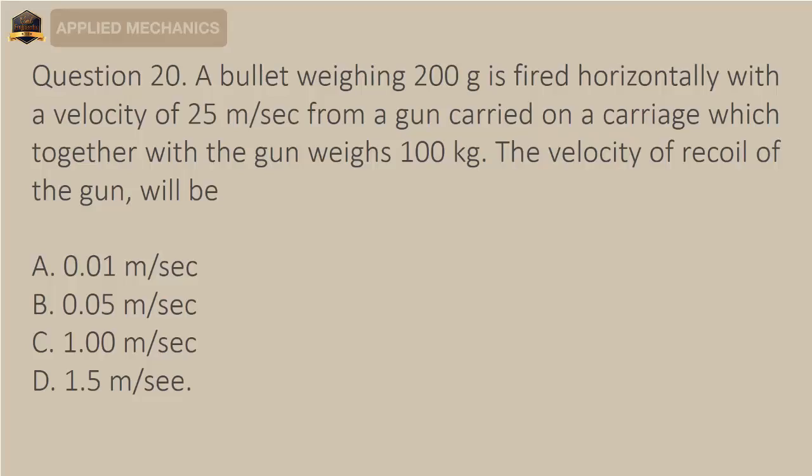Question 20. A bullet weighing 200 grams is fired horizontally with a velocity of 25 meters per second from a gun carried on a carriage which together with the gun weighs 100 kilograms. The velocity of recoil of the gun will be A. 0.01 meters per second.